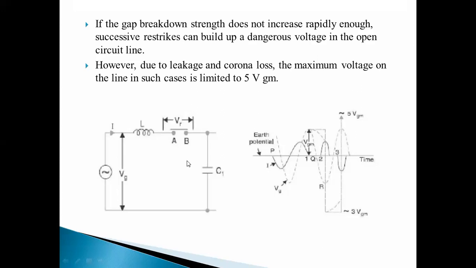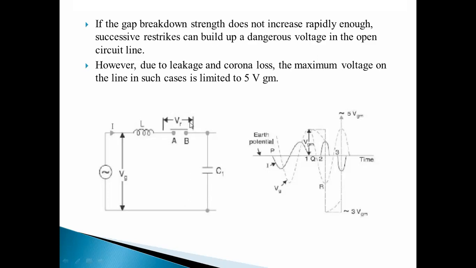When any fault occurs, your circuit breaker will operate. Actually the contacts of the circuit breaker are closed, so when the fault occurs, the circuit breaker contacts open here. When these open, the generator voltage will be supplied up to point A only, and the remaining voltage across this will be the voltage appearing across the capacitor only.